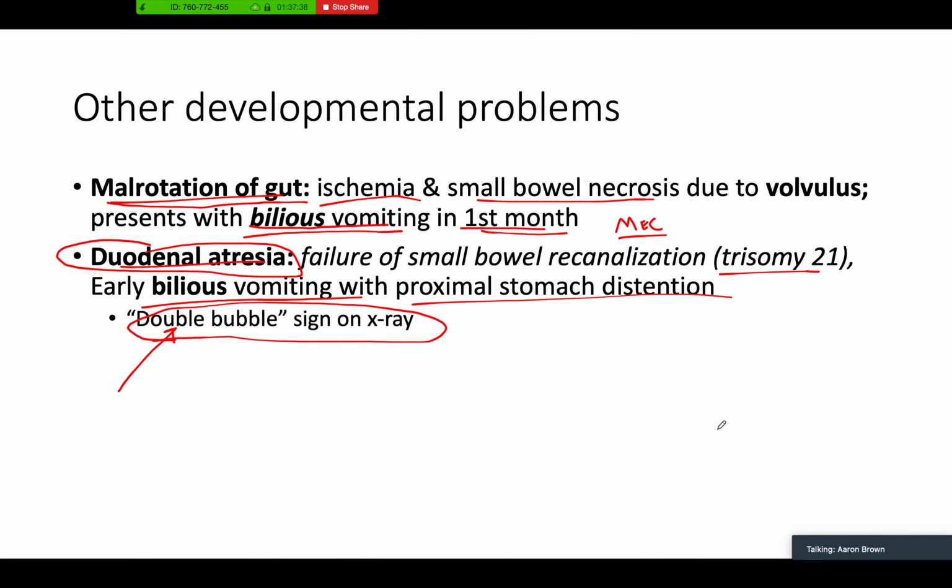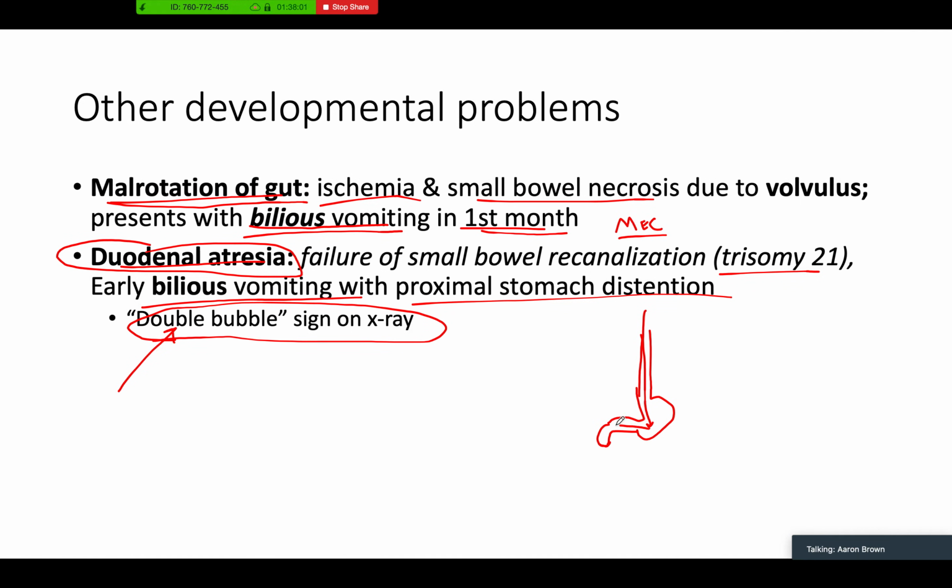Why do we see a double bubble sign? Well, here's our esophagus. Here's our stomach. And here is our duodenum, okay? And we said it's atretic, so our duodenum just ends in a pouch like that. As this baby is eating and breathing, air comes into the stomach and starts to distend it.